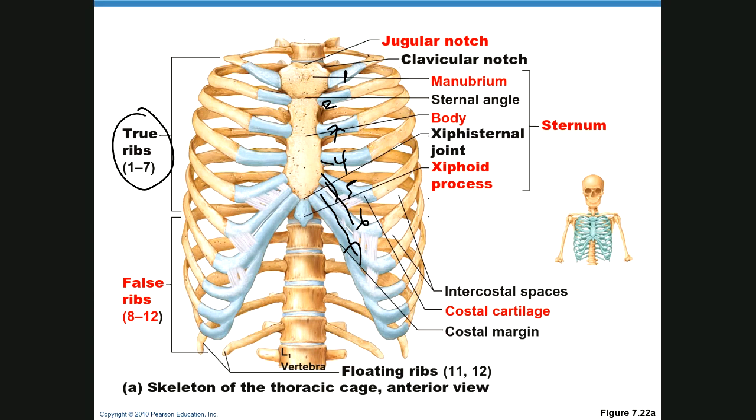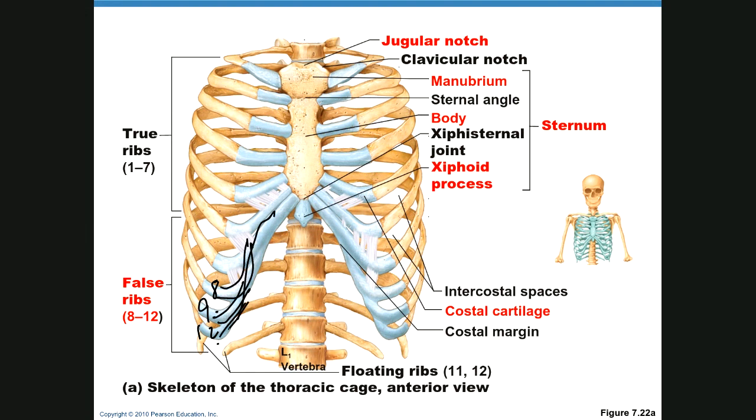The next 3 ribs, which will be 8, 9, and 10, are going to join to the sternum via the cartilage of number 7.